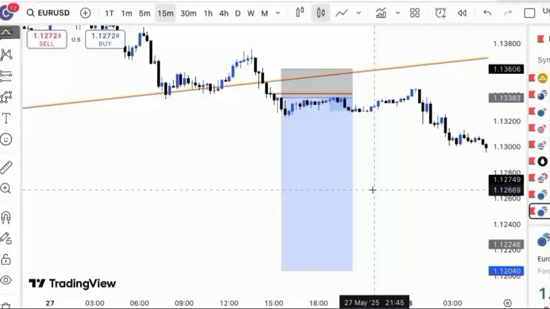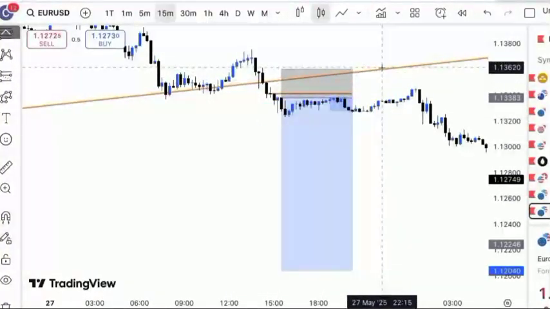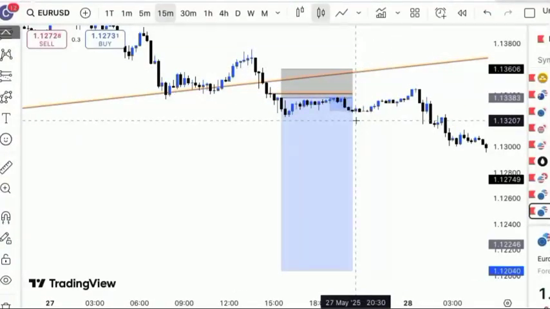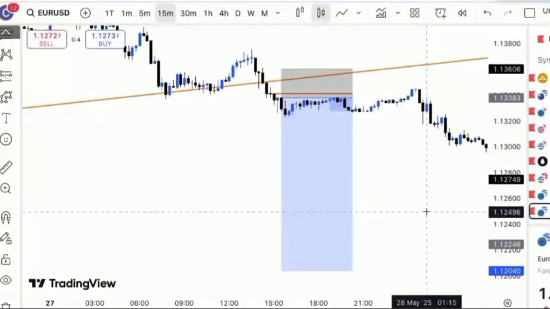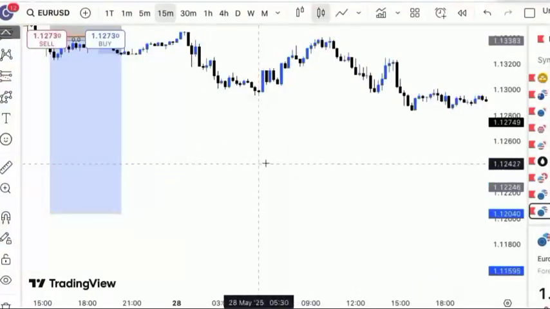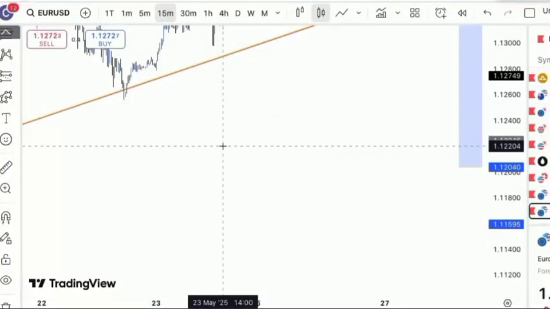Remember what I told you: your stop loss should be above the trend line. So you hop in, you enter sell. Of course, the market will do its thing, buy, sell, buy, sell. How will you determine your take profit? Determine your take profit from the lowest low.